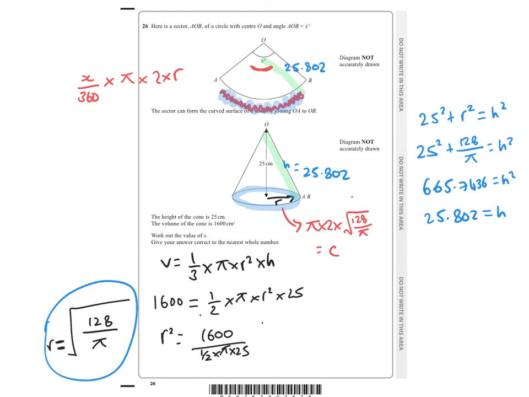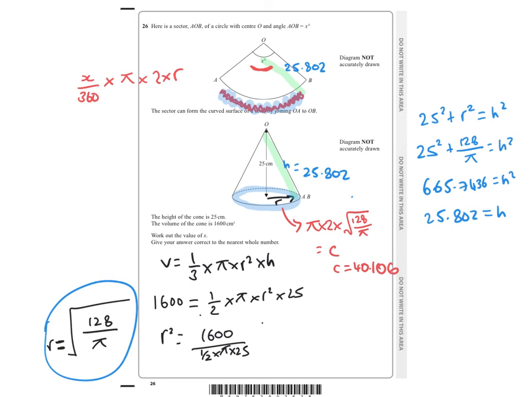So pi times 2 times the square root of 128 over pi is, so our circumference is 40.0106. Okay?